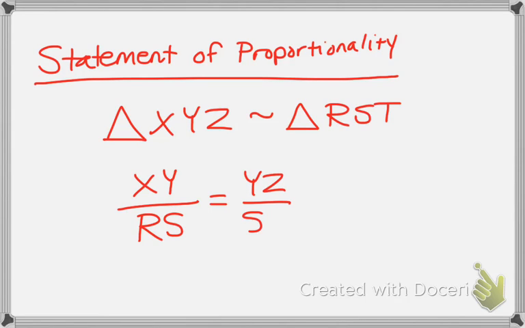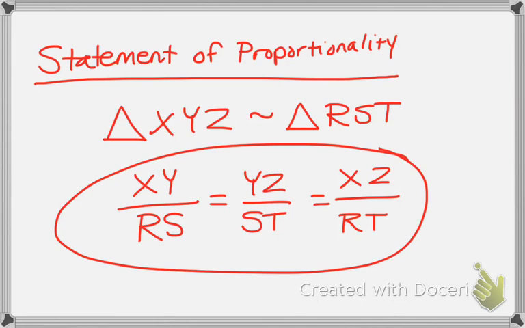Good, so YZ would go over ST, which would also be equal to XZ would be proportional with RT. Okay, so if you are asked to write a statement of proportionality, you should have a proportion of the sides. Okay? And that is that.